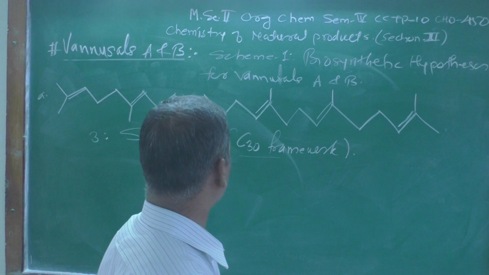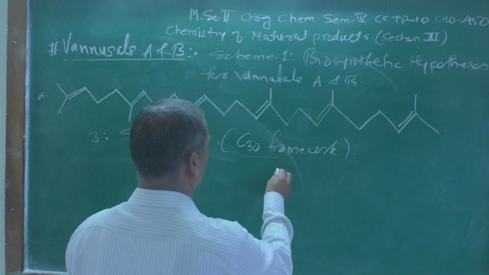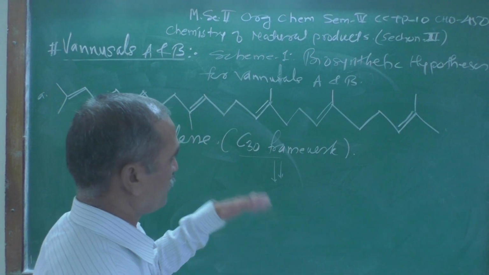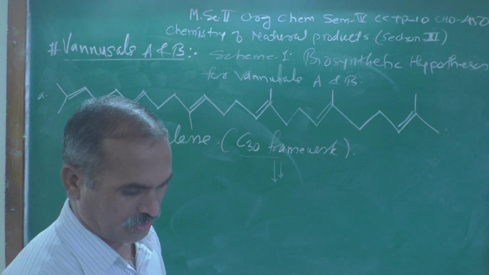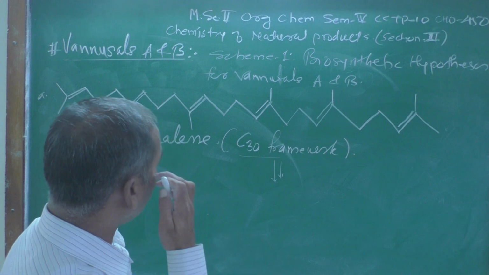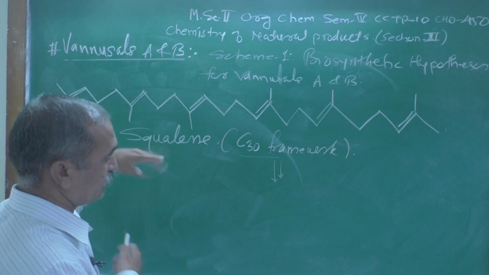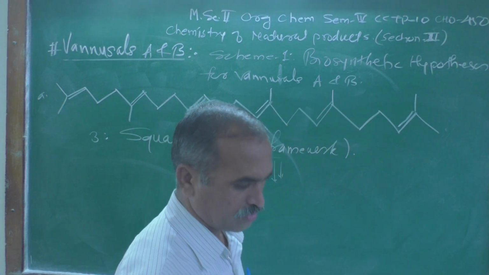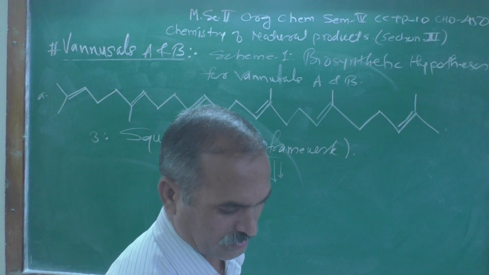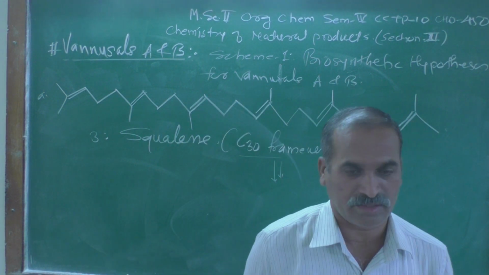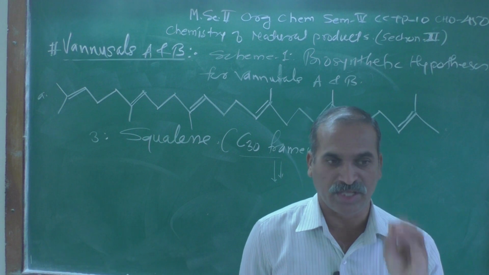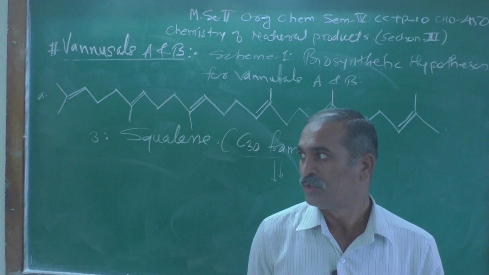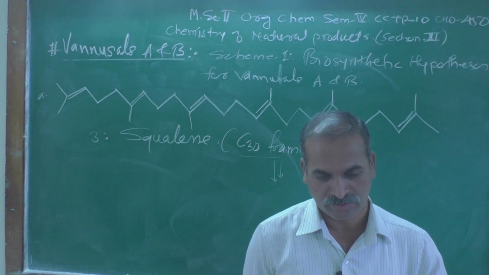So, from squalene, what do you get over here? I am showing these arrows, meaning the number of steps, and then how they are joined in an acidic medium, H plus, and how the rings are formed, because nature is very selective and very specific. There is no side product formation.